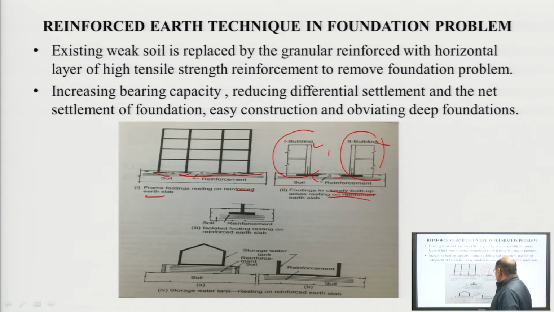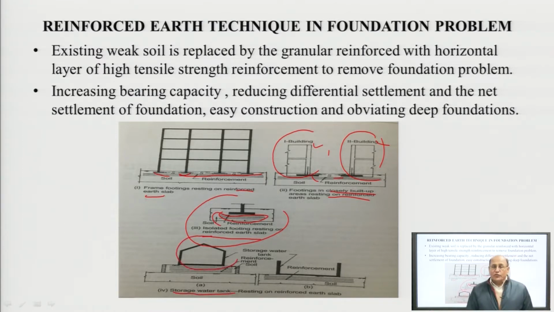The next is the isolated footing resting on the reinforced earth slab. Here is the reinforcement we have provided over which the isolated footing rests. The next is a storage water tank.